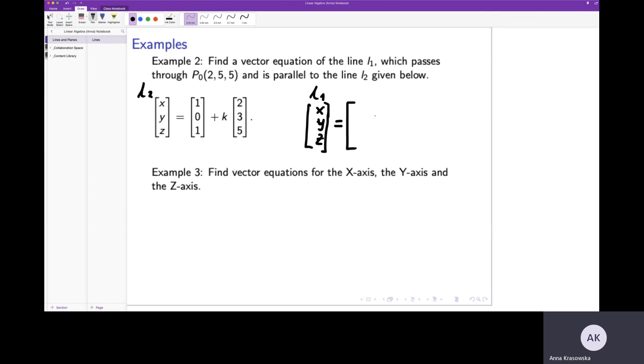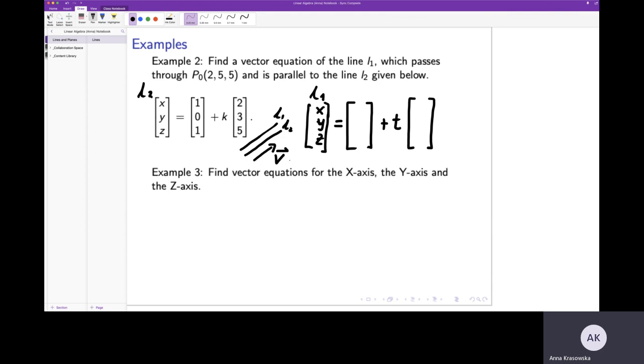equal. We need 1 point on that line plus k or t. We can use a different name for the parameter, and a vector parallel to it. So we have a situation when two lines, L1 and L2, are parallel, and we have a vector parallel to the lines L1, L2.